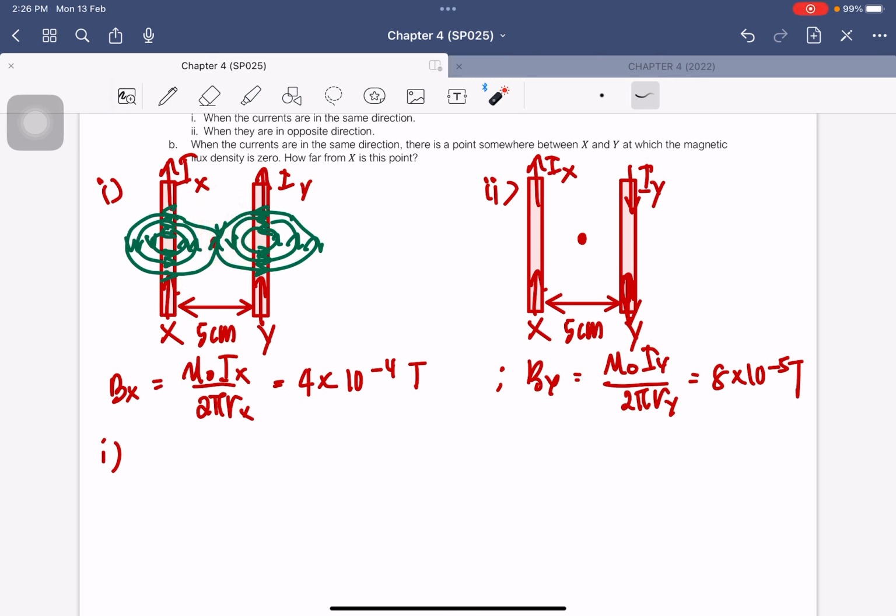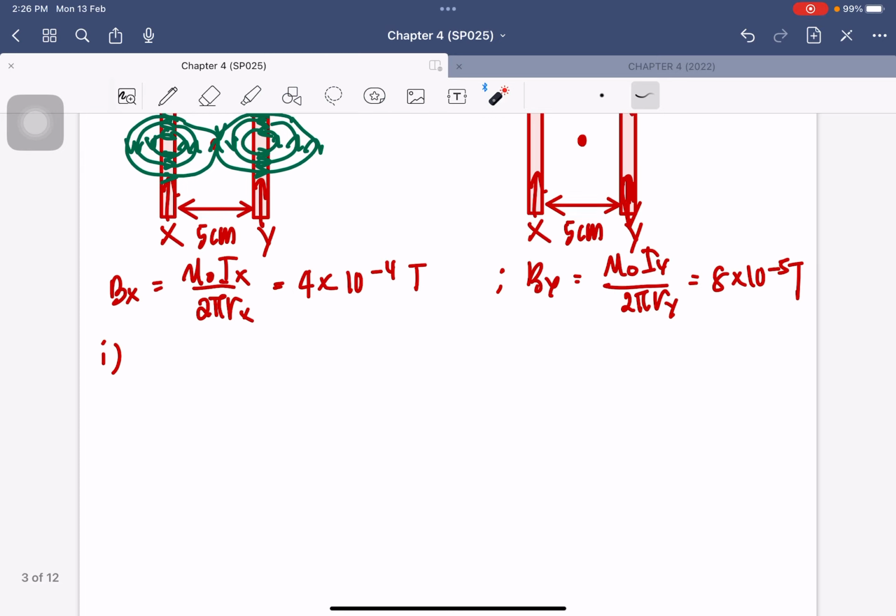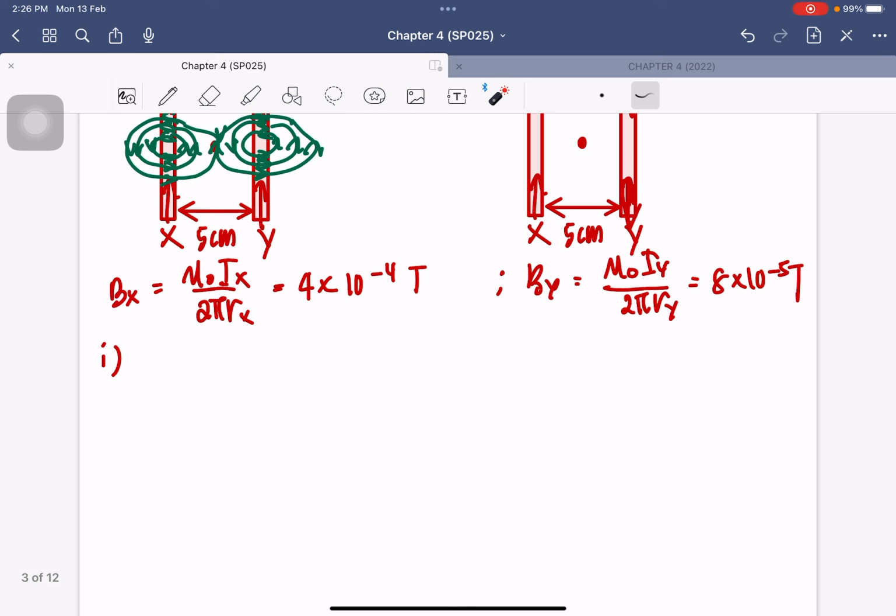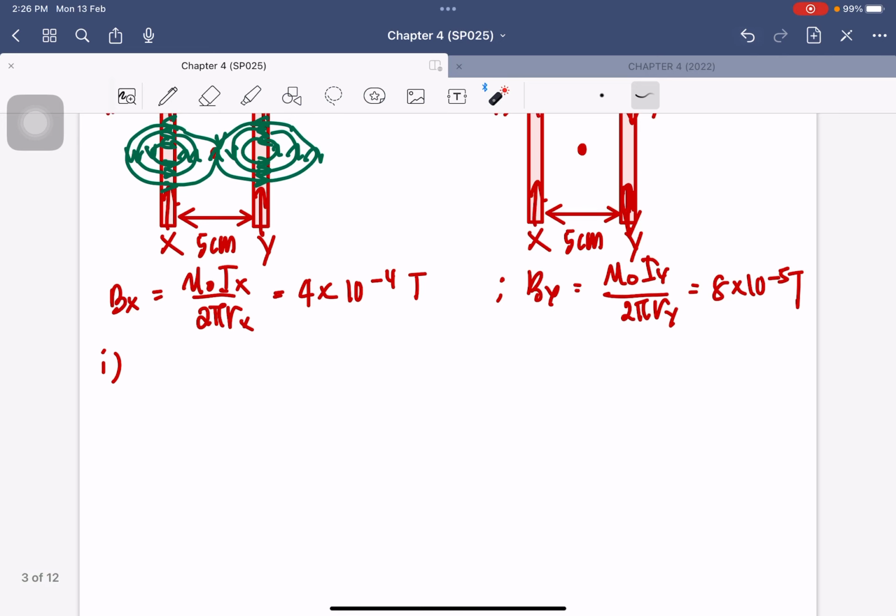Okay, so when we look at it, now we draw it like this. Wait, let me just think first. How can I draw this so that I can explain to you? Okay, so now this is our conductor.